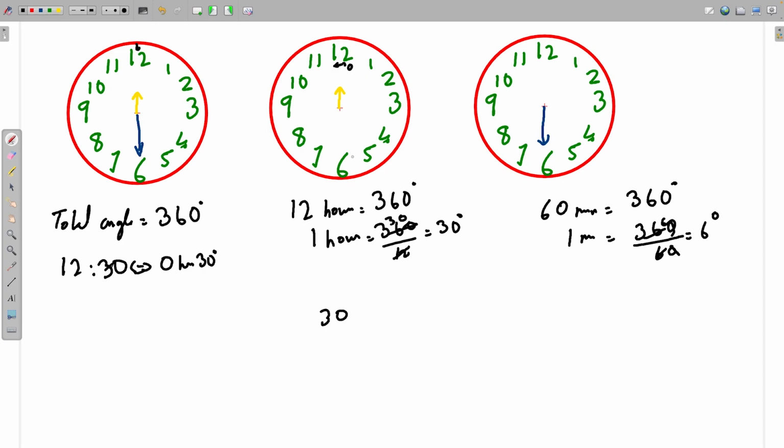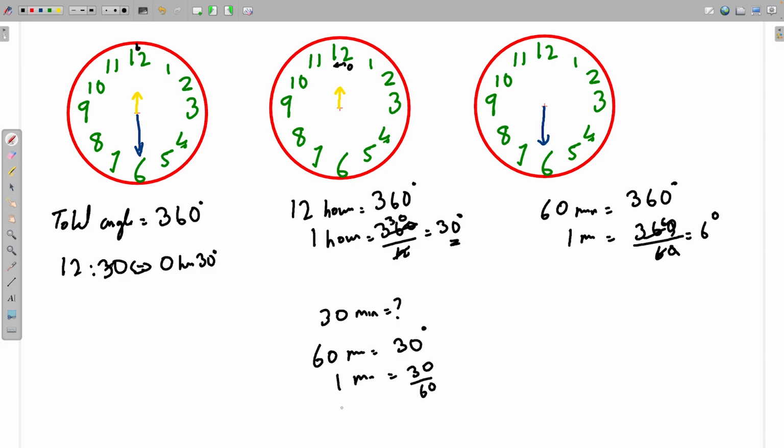Let's see the total angle covered by the hour hand. We need to find it for 30 minutes. For 1 hour it covers 30 degrees, or in other words, for 60 minutes it travels 30 degrees. For 1 minute, the hour hand travels 30 by 60.